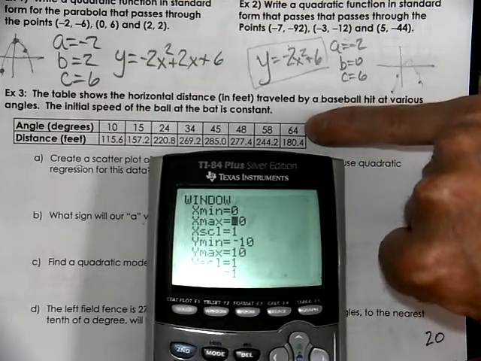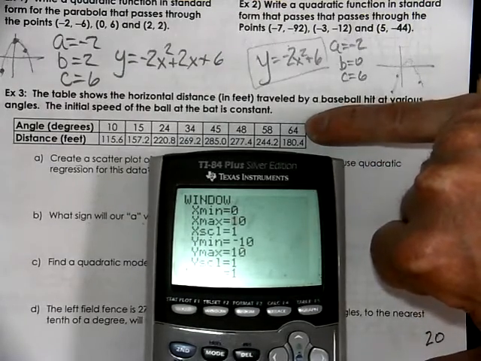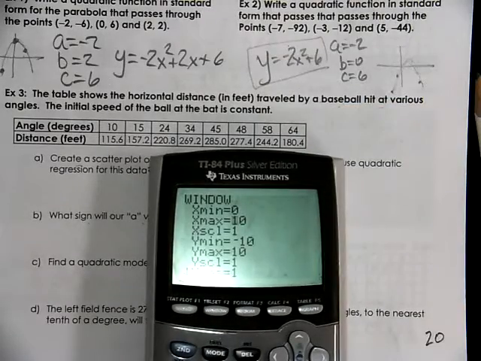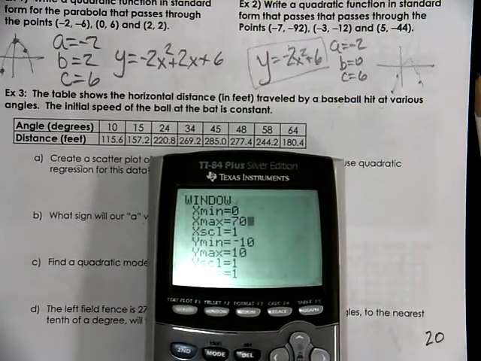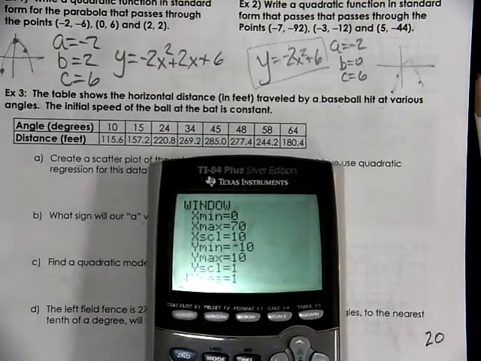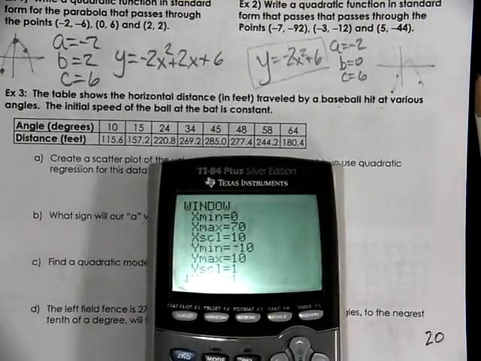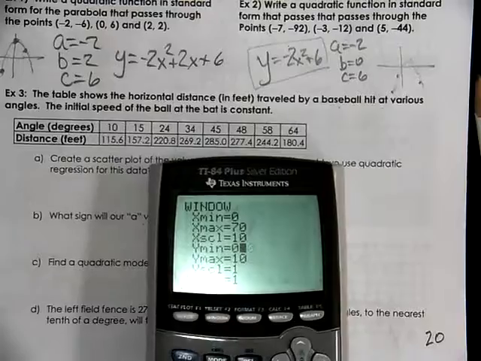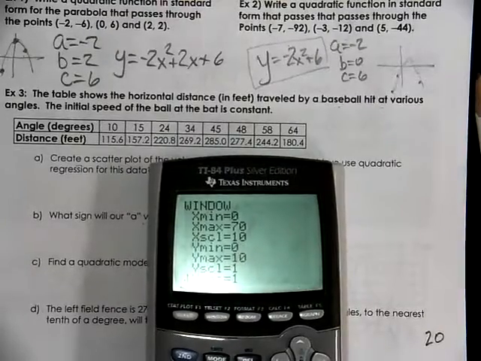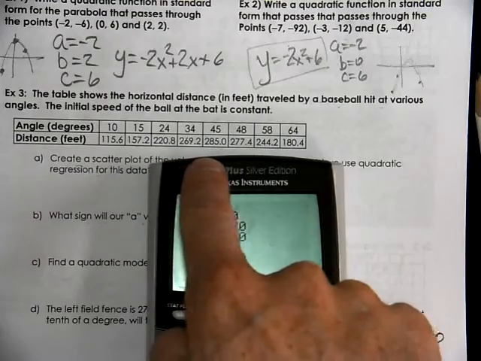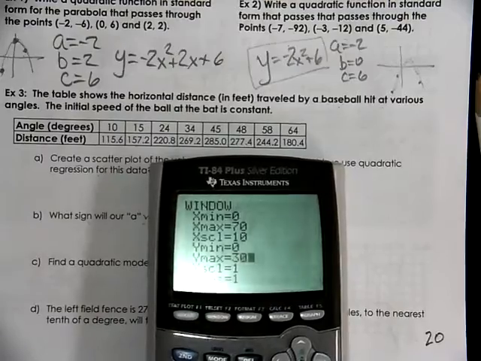And we need an X value that goes all the way up to that, and maybe a little bit extra. So 70 might be nice. We can count by tens if you want. So your y values, I often like to have a minimum at 0. And our highest point looks like 285, so let's say 300.